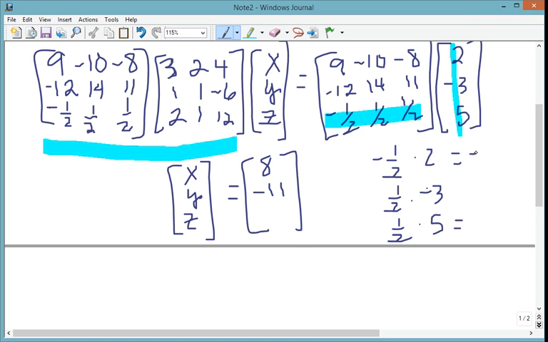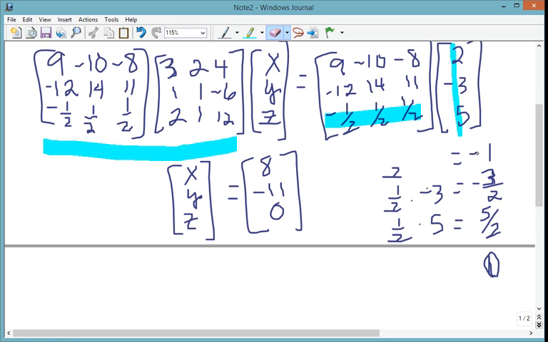Okay, so this will be negative 1. And this will be negative 3 halves. And this will be positive 5 halves. So 5 halves, negative 3 halves is 2 halves, which is a 1. Minus 1, the answer is 1. Or 0, sorry. 1 and negative 1 is 0.